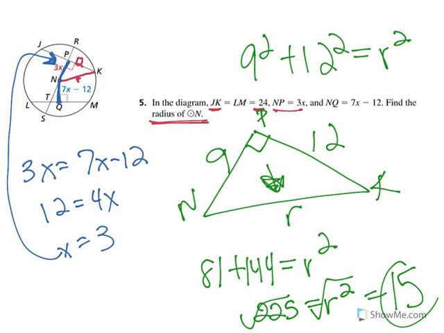So 15 is our answer. 9 is a multiple of 3, 12 is a multiple of 3, so 3 times 3 is 9, 4 times 3 is 12, and 5 times 3 is 15. That's how I knew that it was going to be 15.